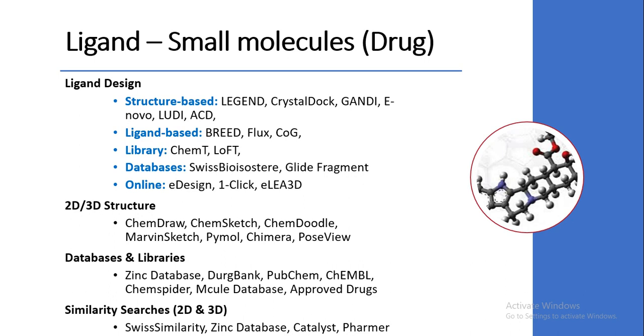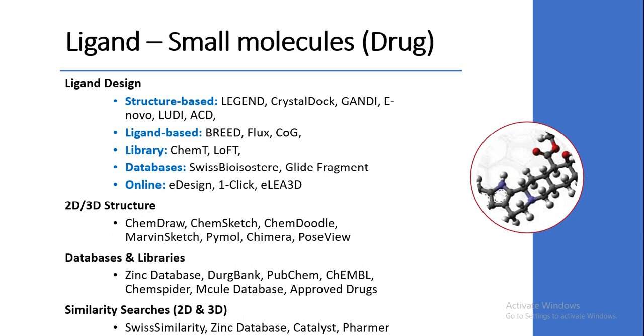We can also use databases for these ligands like SwissBioisostere. This is an online tool or database from Swiss through which we can find our ligand. There are also the Glide fragment database, and online we can use eDesign, OneClick, or eLED for our ligand designing.